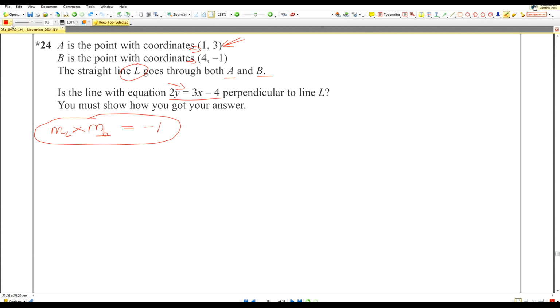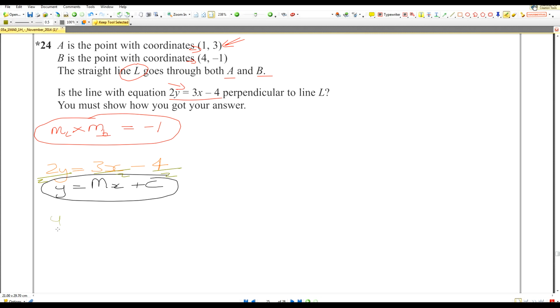So let's start. Let's change the color. Let's go for orange. We have 2y is equal to 3x minus 4. Now remember, the template is y equals mx plus c. That's our template for the equation of a straight line. Now we must have y, but we have 2y, so we need to divide everything by 2.